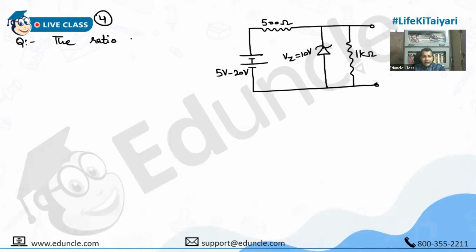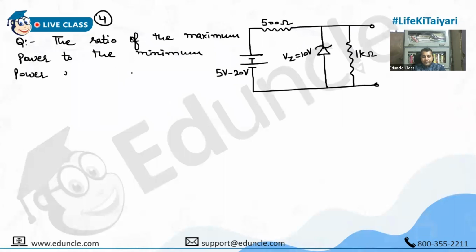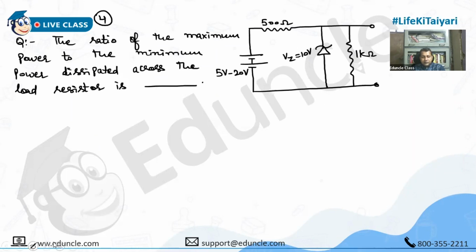Only the diagram and the thing that has been asked: the ratio of the maximum power to the minimum power dissipated across the load resistor is.